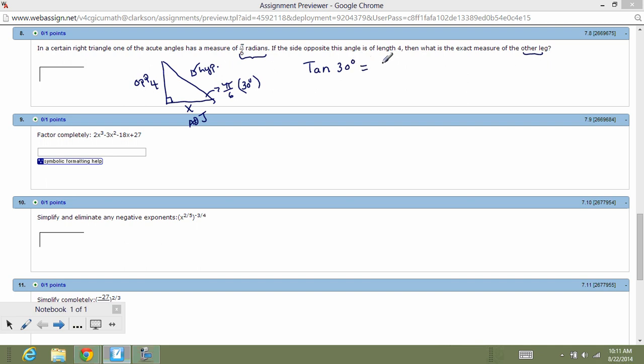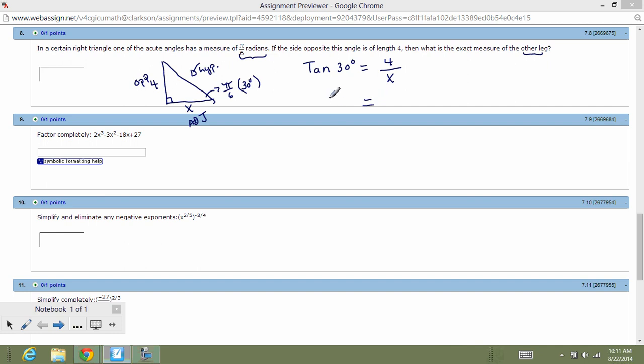And of course, the ratio for the tangent is the opposite leg, which is 4, over the adjacent leg, which is the unknown. All right. Now from here, if you want to do the tangent of 30 degrees, that should be something that you can either do by reference triangle or do by some sort of chart, either a table or using the unit circle approach.